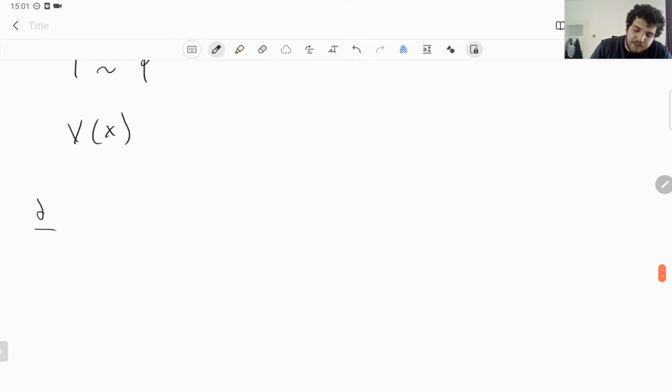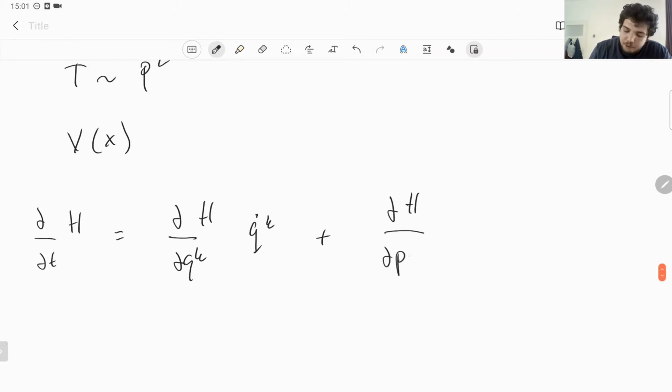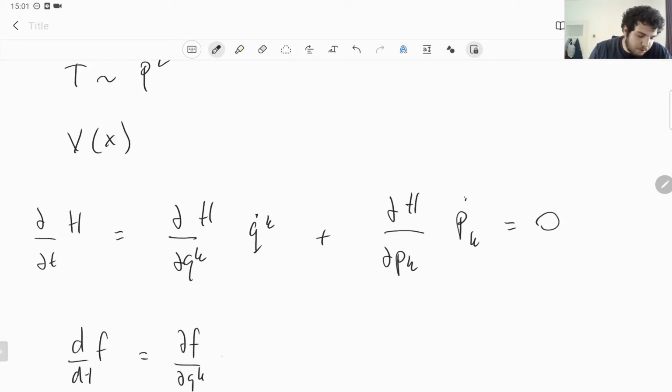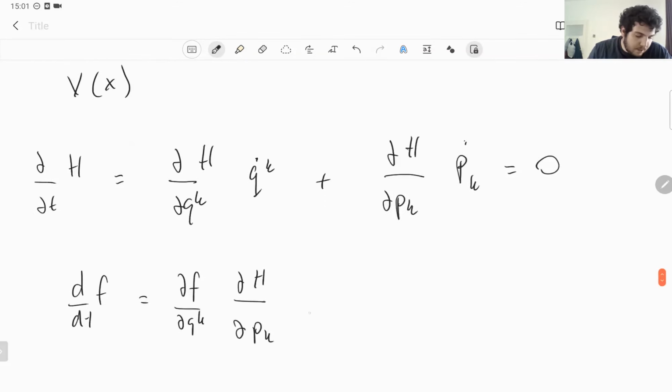Let's take the time derivative of a function f. Obviously, I use the Einstein summation notation, which means that if there's a k here, I sum over k, but I just don't write it down. d over dt of f is equal to del f over del qk, del H over del pk, minus del f over del pk, del H over del qk.